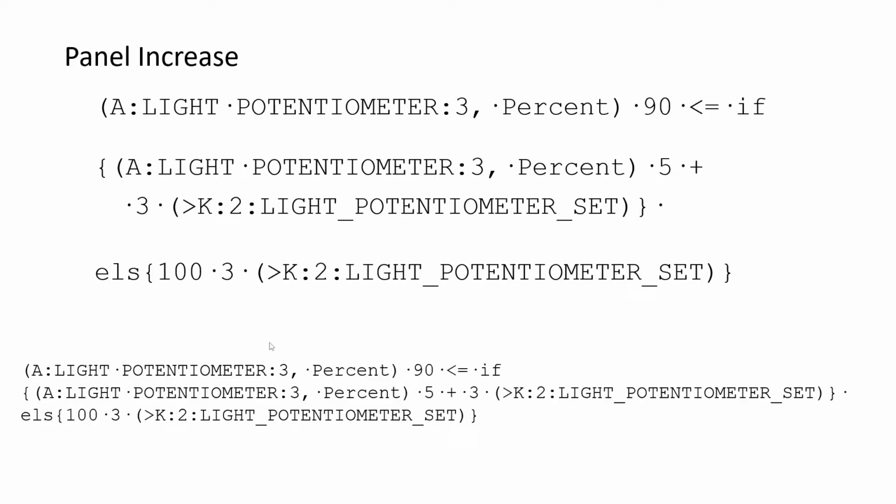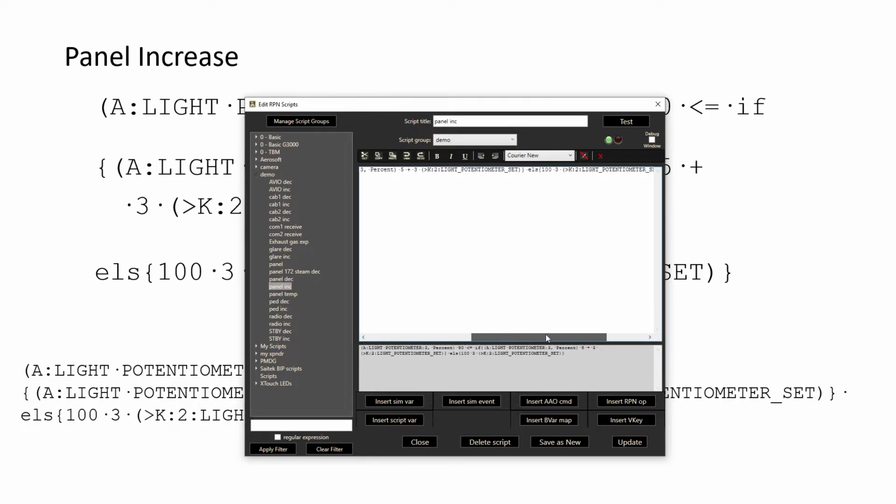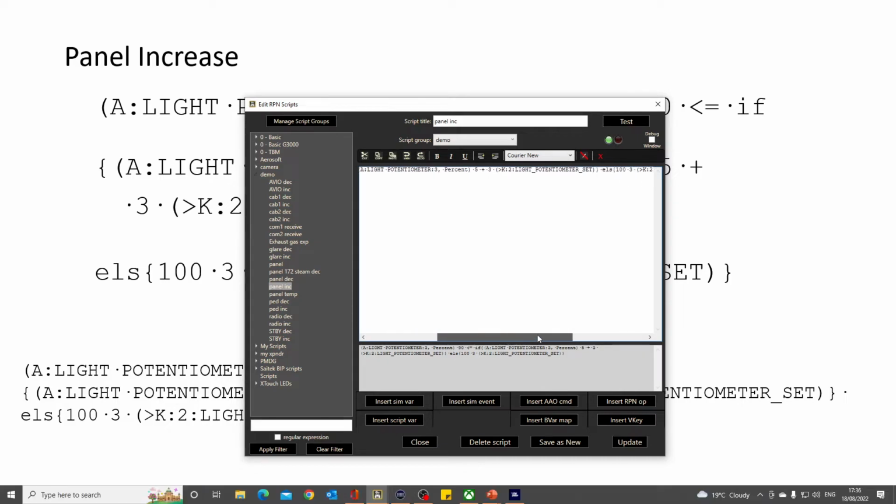So the whole script, I said, if I threw the whole lot at you, it's all written in one line. If I bring in here, and let me show you the script, let's look for the panel increase. You can see here that it's just written as one long line. It looks quite daunting if you've never done any coding, or haven't done much of this coding, or particularly haven't done reverse Polish notation.